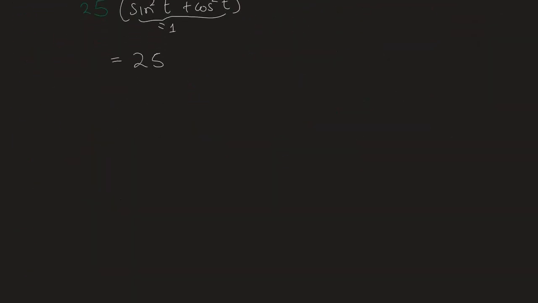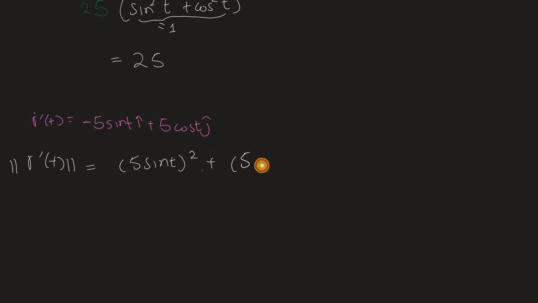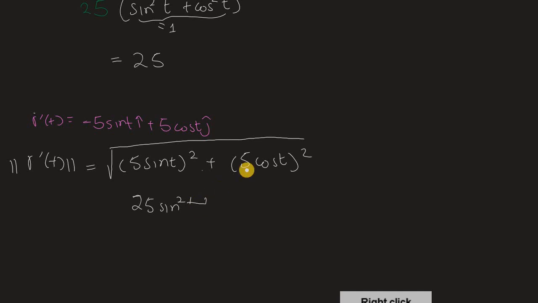So for r prime of t magnitude, we're squaring each component: 5 cosine t squared and so on, and then square rooting the whole thing. This gives us the square root of 25 sine squared of t plus 25 cosine squared of t.